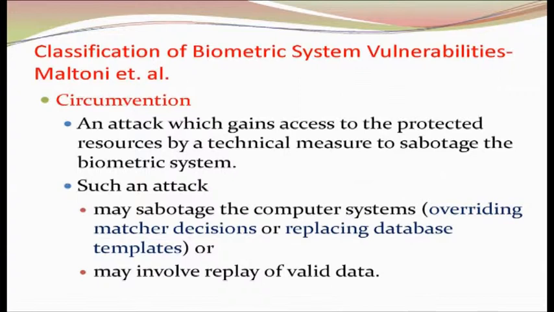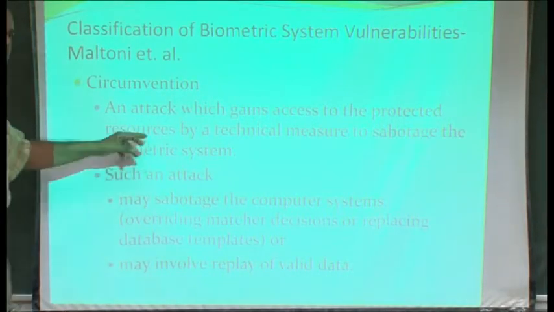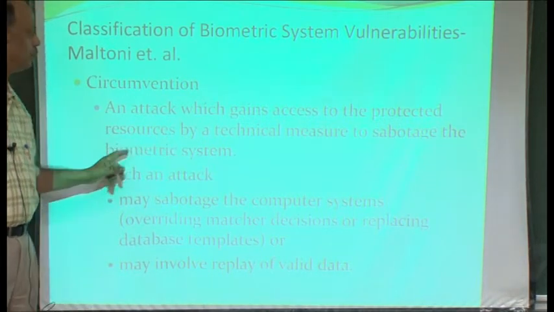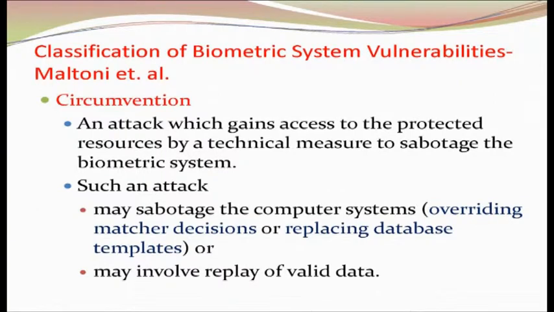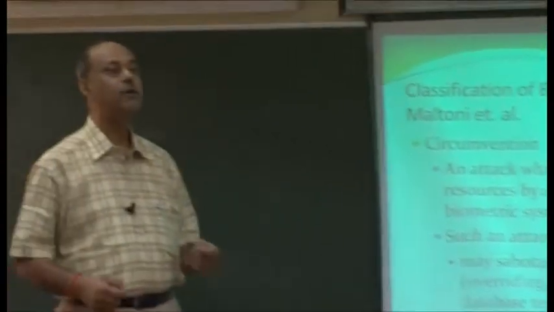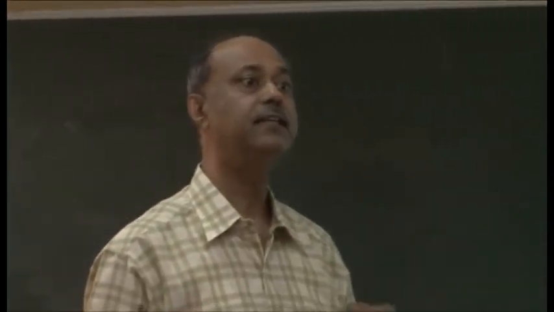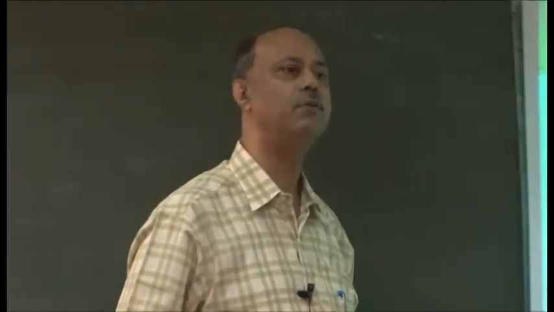What does it tell? That it is an attack that gains access to the system by some technical method to sabotage your biometric system, right? So, this attack can be sabotaging the computer system. What does it mean? That you want to override the measure, that measure tells fail, but you do some manipulation and make it accept.